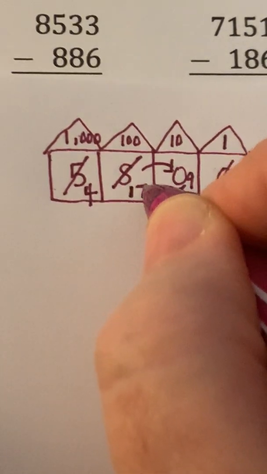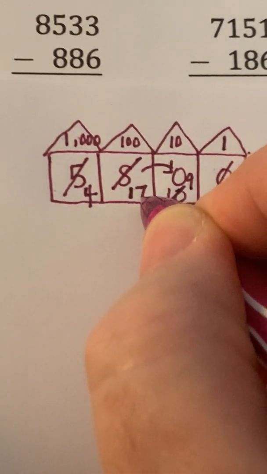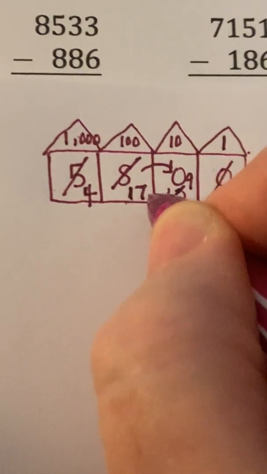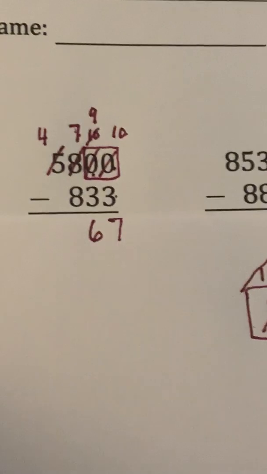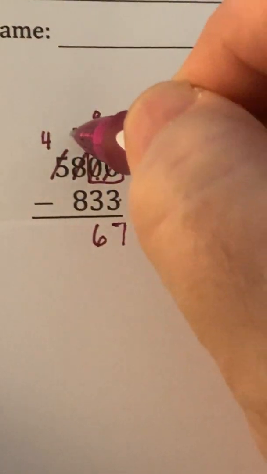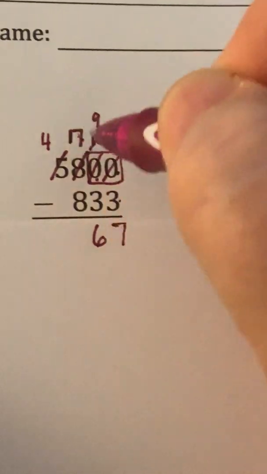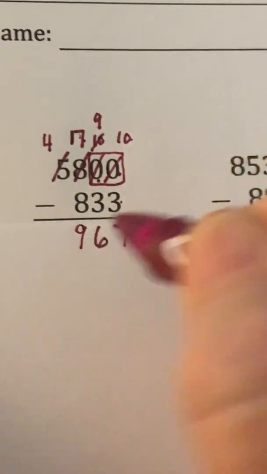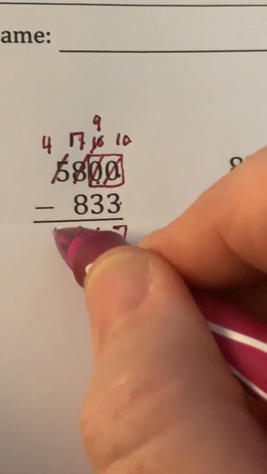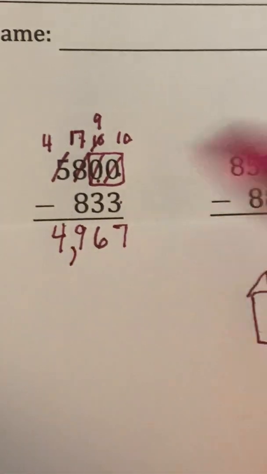So 10 hundreds plus this 7 is what is actually 170. But we show 17 here because it's in the hundreds place. So bring that one that you borrowed back. 17 minus 8 is 9. And then 4 nothings here. Bring down your 4.